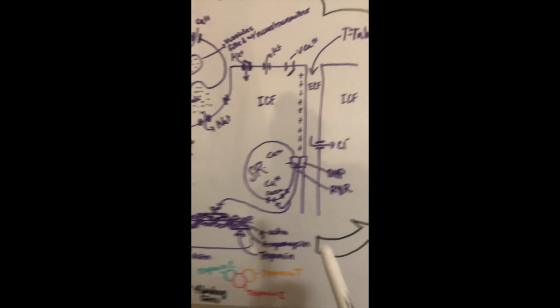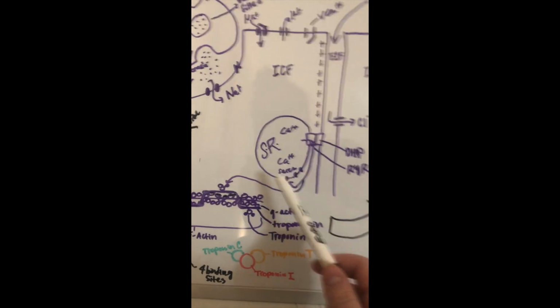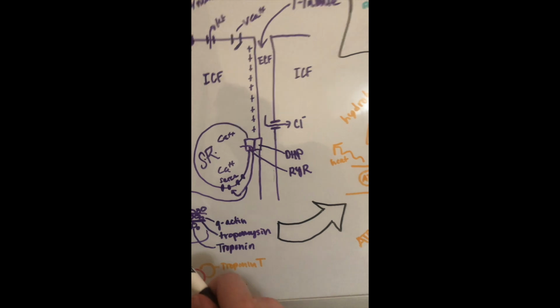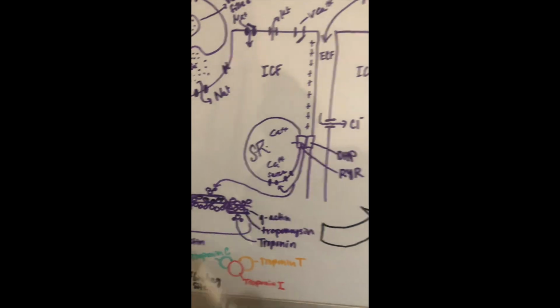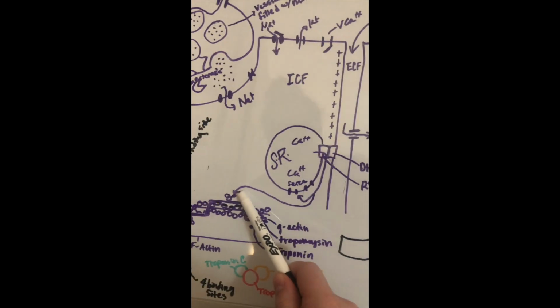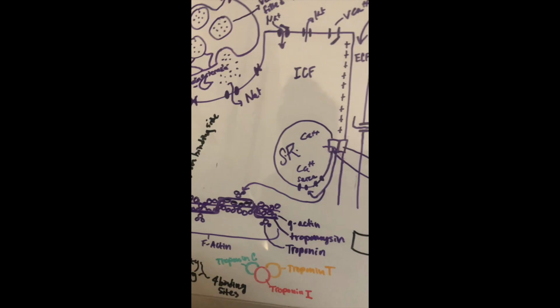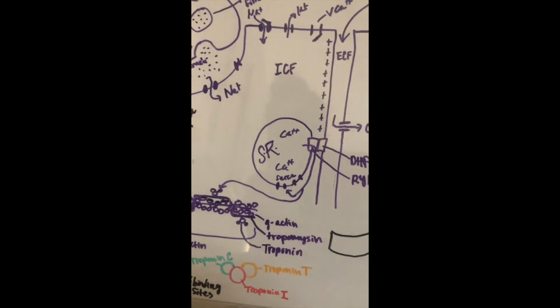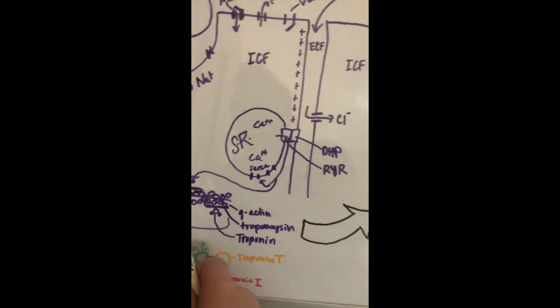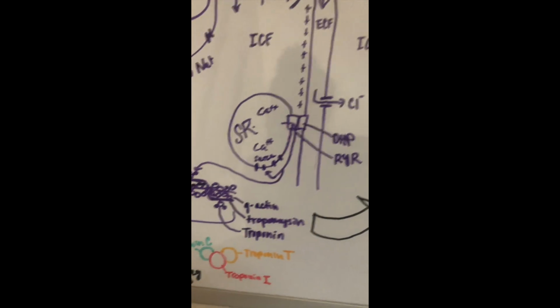If we don't have enough ATP, then we can't power these SERCA pumps, and so then we can't be pushing calcium, which causes this whole process to stop because you lose the calcium that's bound to the troponin, making it so the tropomyosin comes back down and covers those heads, and you can't have a contraction because then the myosin heads can't bind to the G-actin.